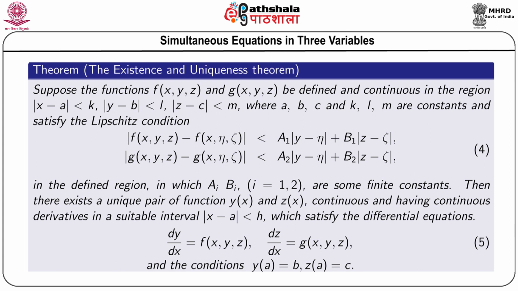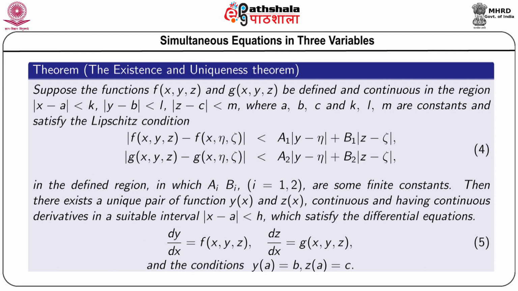The first one is the Lipschitz condition for the function f with respect to the variables y and z, and the second one is the Lipschitz condition for the function g with respect to the variables y and z. So, if these two conditions are satisfied, and here these ai and bi's are some finite constants.